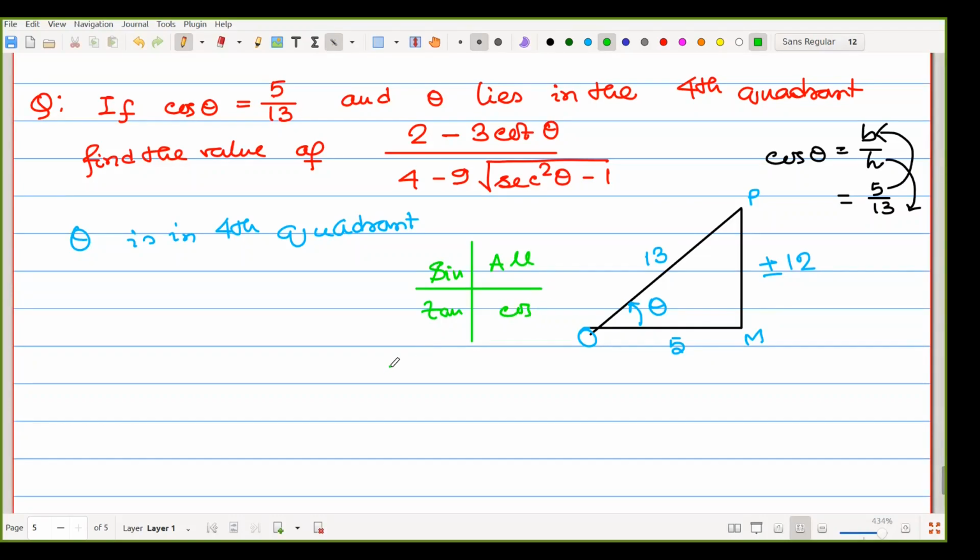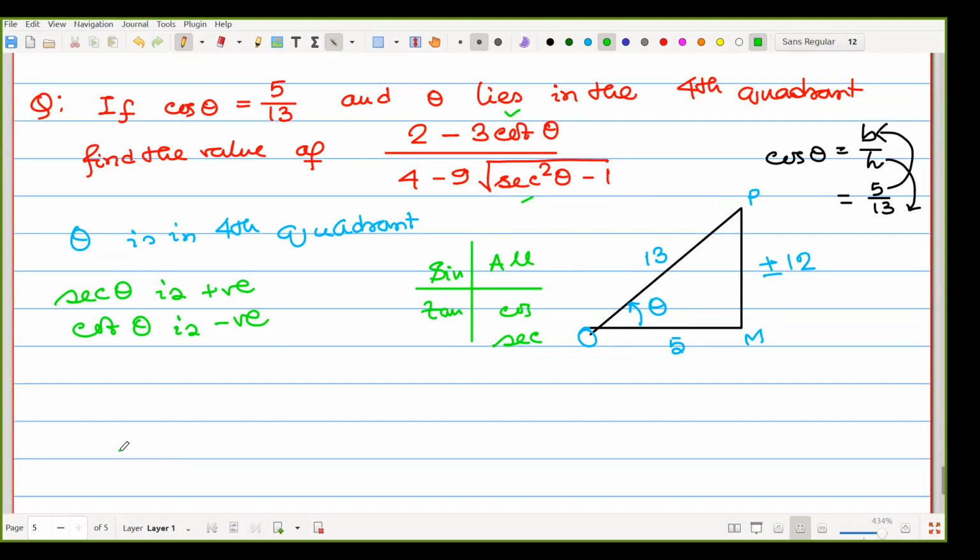So sec theta is positive in the fourth quadrant, but cot theta is negative. We have to find out the cot and sec. That's why. So sec theta is positive, cot theta is negative.